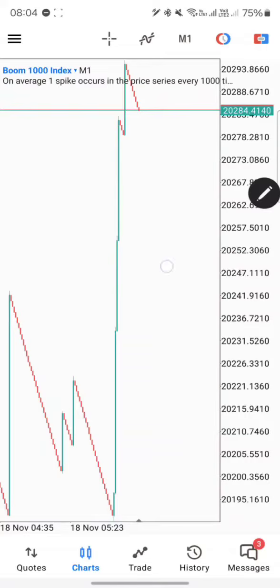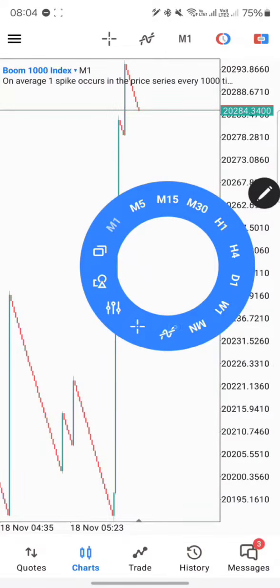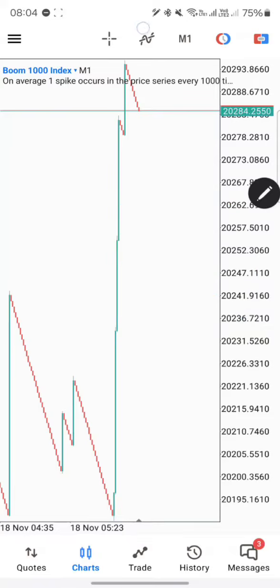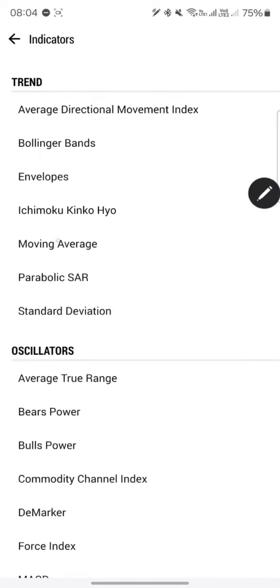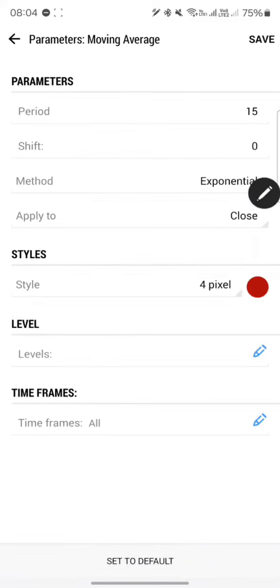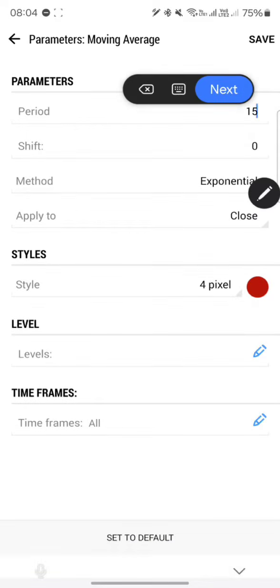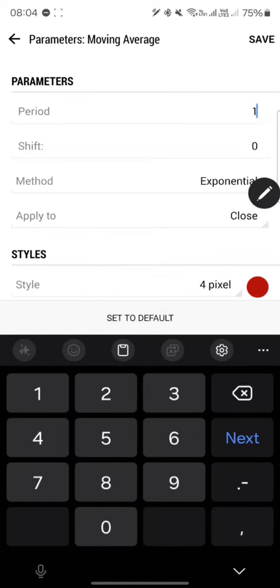So the first thing that you want to do is tap on your screen and select this option over here, or you can just select the option over there. This will bring you to your indicators page. You're going to click on the F plus icon, and then you're going to click on moving averages. So your first moving average that we are going to add will be the moving average period 10.